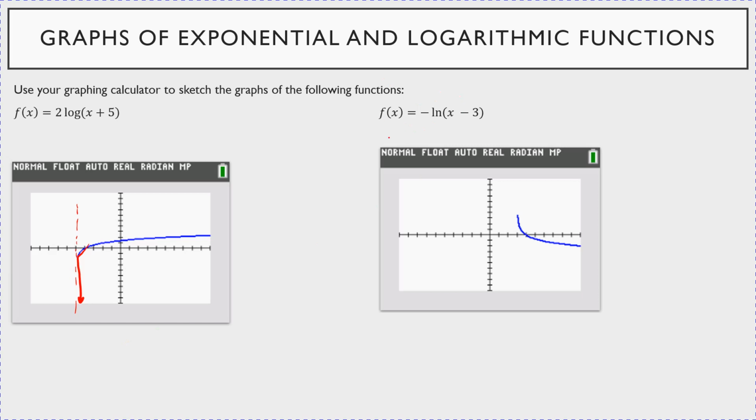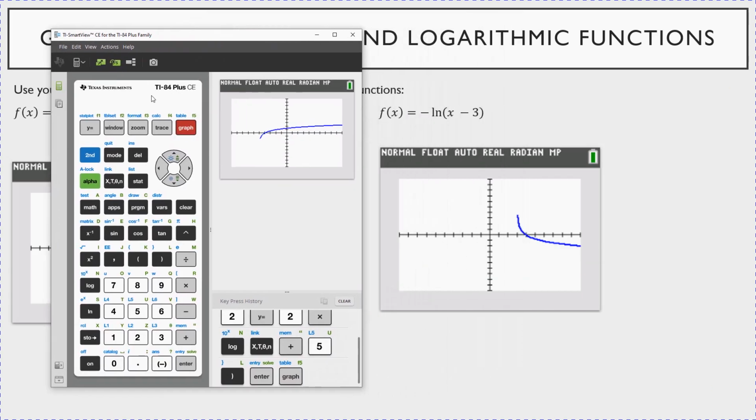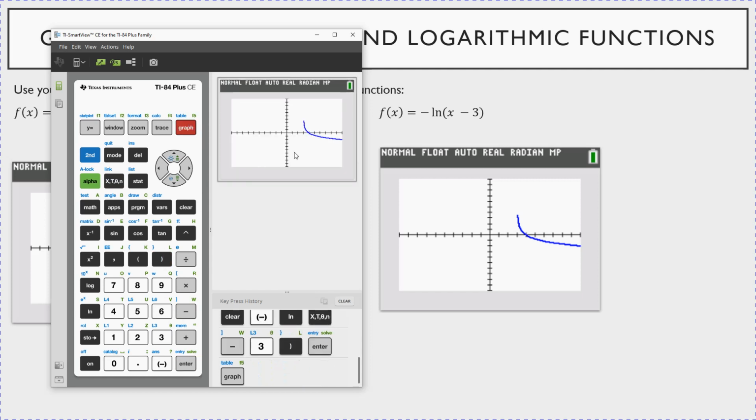Similarly here, let's graph f of x is equal to negative the natural log of x minus 3. And you can see here, obviously the domain is x greater than 3.